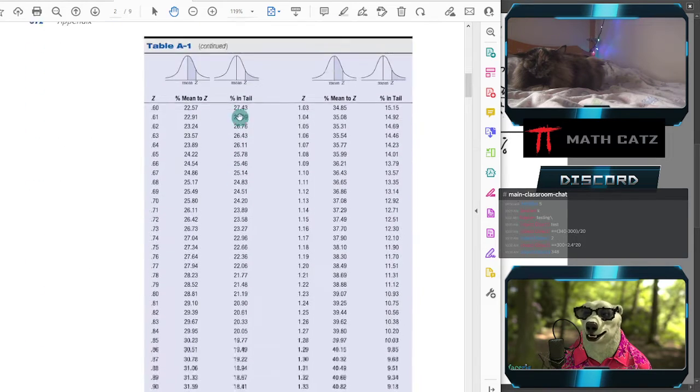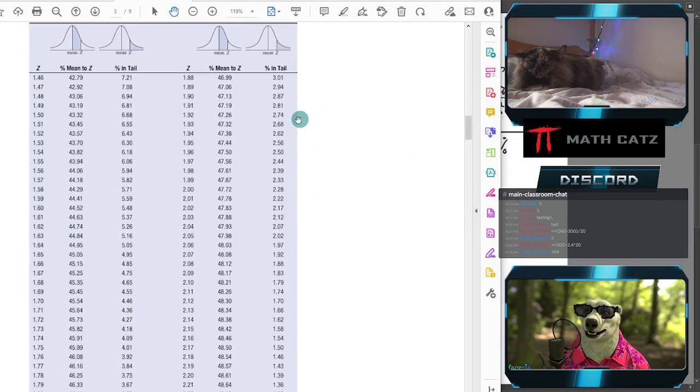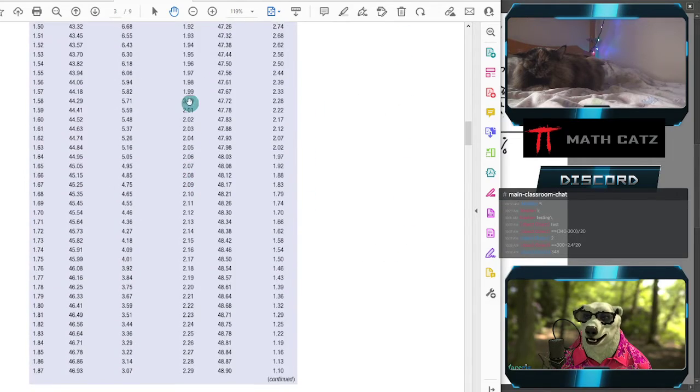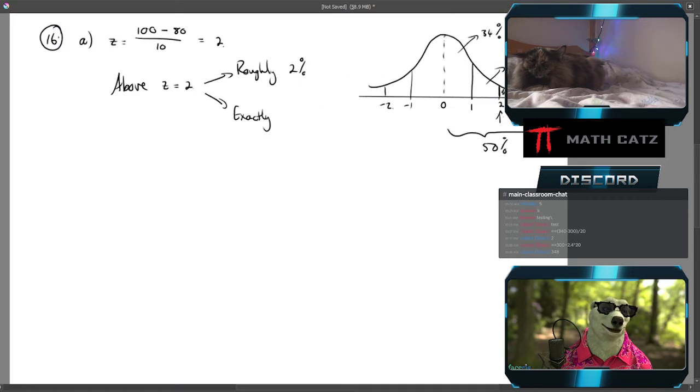I'm looking for 2, so I'm going to have to go way down to a z-score of 2. I'm getting closer. Here we go. I'll move it down so we can see the pictures as well. Z-score of 2, 2.28% in the tail. So roughly, we were very close, but to be more precise, it is 2.28.